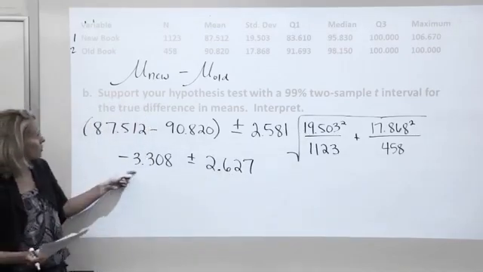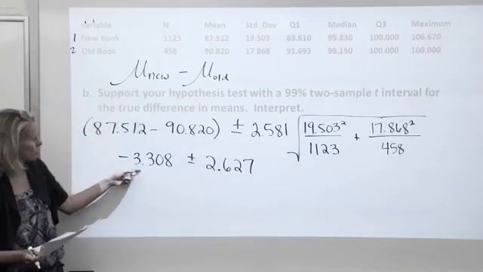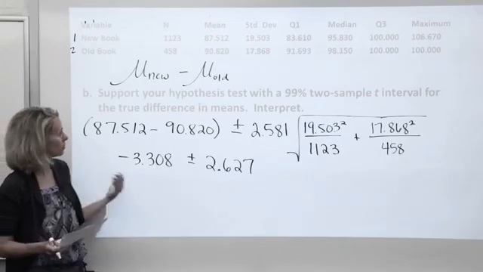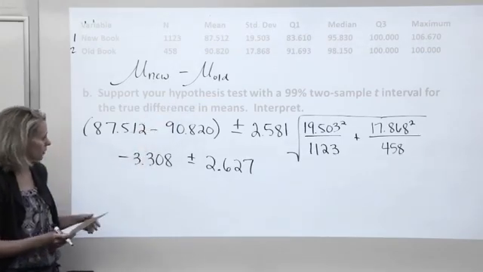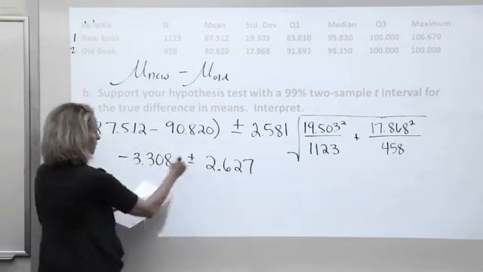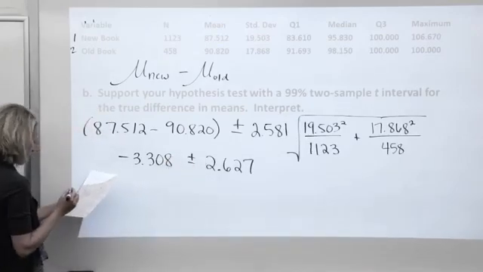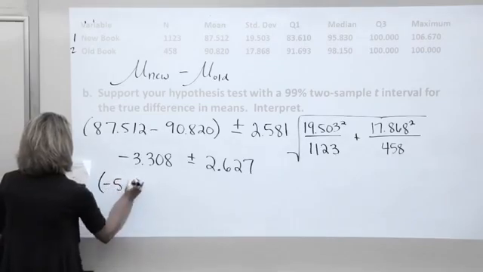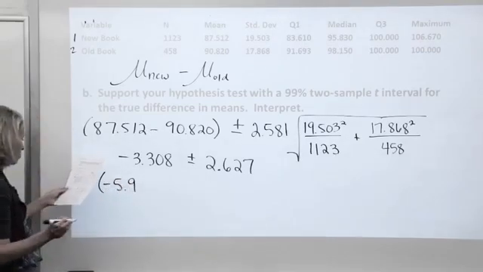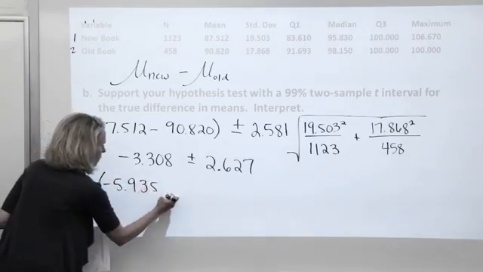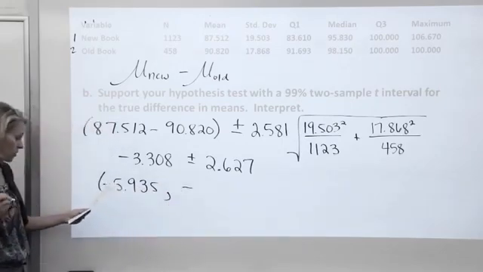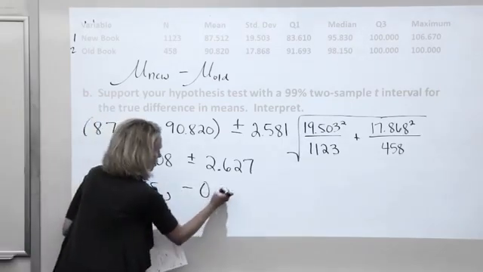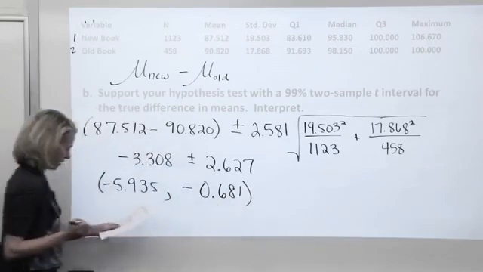So, on average, it looks like the new book's test scores are about 3.3 points less than the old book there. Let's do our confidence interval value here. And we end up with an interval that goes from negative 5.935 to negative 0.681.